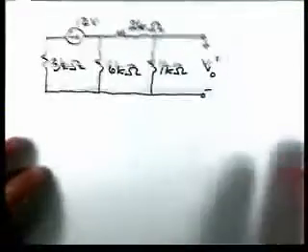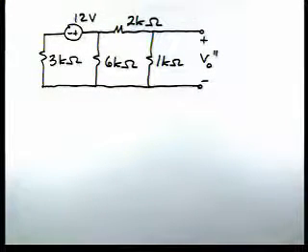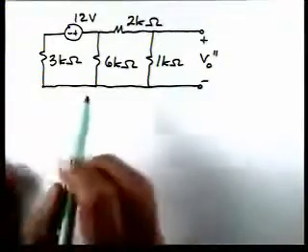So now with the 12 volt source active, here's our circuit. We turned off the two current sources. We replaced them with open circuits. So now here's our circuit. And again, let's begin to analyze.